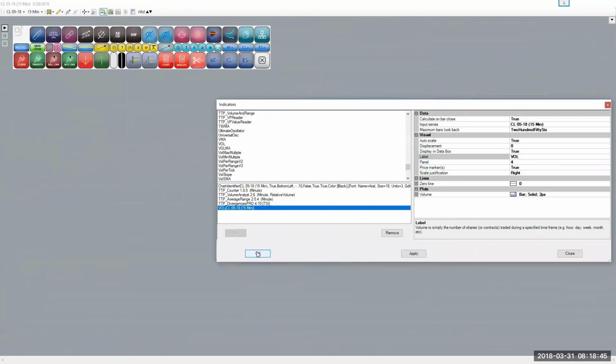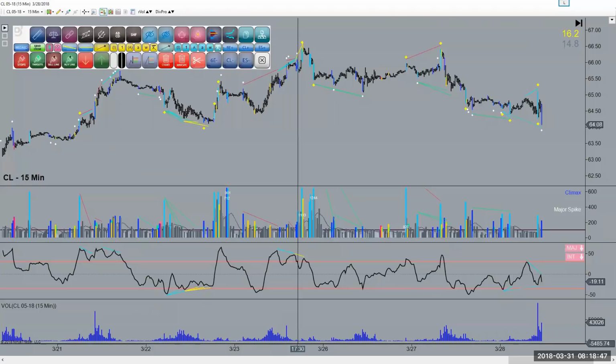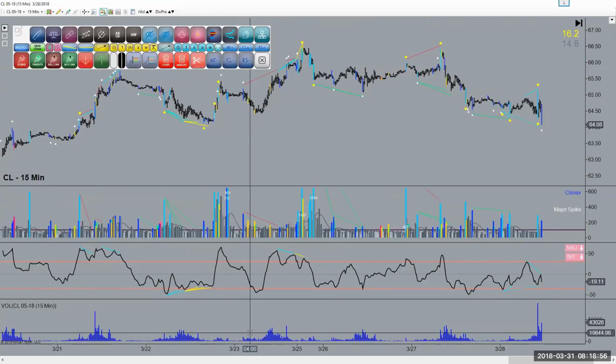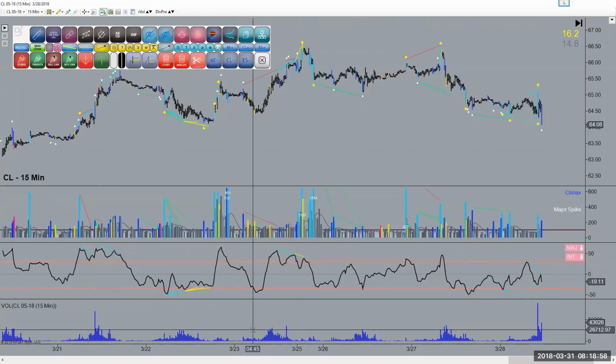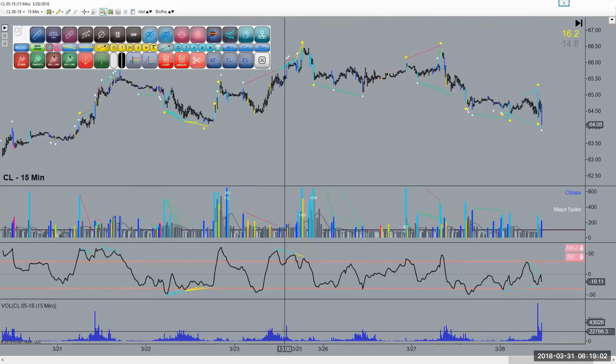If you're looking at the raw volume data, you see, maybe not as pronounced on crude oil as in the US equities indexes, the seasonality within the session: very high volume at the open, a lull during lunch, and then it picks up before the close.